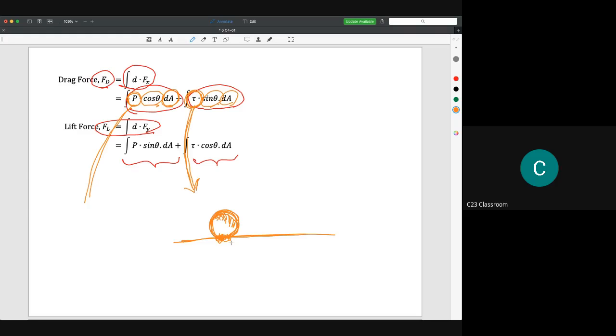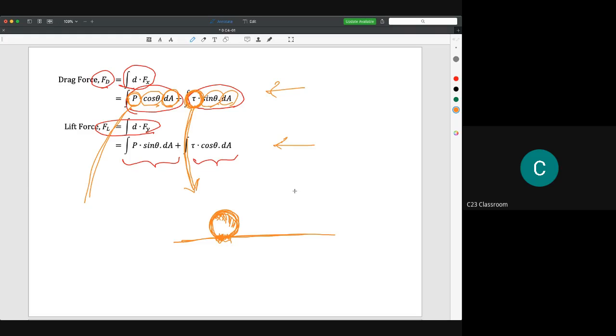To solve this equation, meaning to get the drag force and also the lift force, we need to do something with the shear stress here, because it is not easily measured. So we need to estimate it with our calculation. The shear stress reflects the velocity distribution.